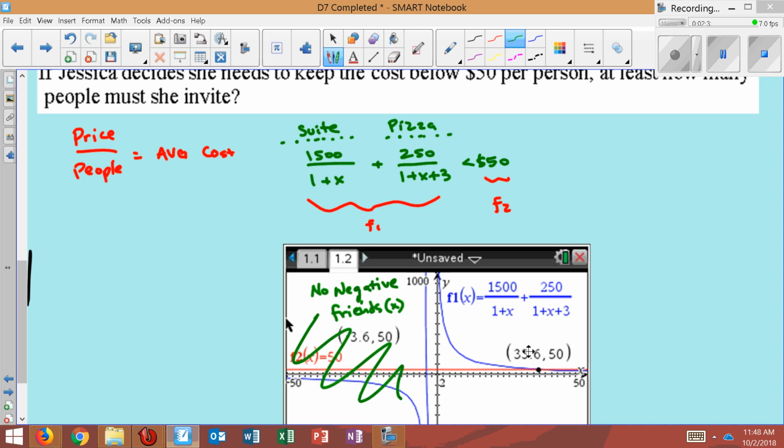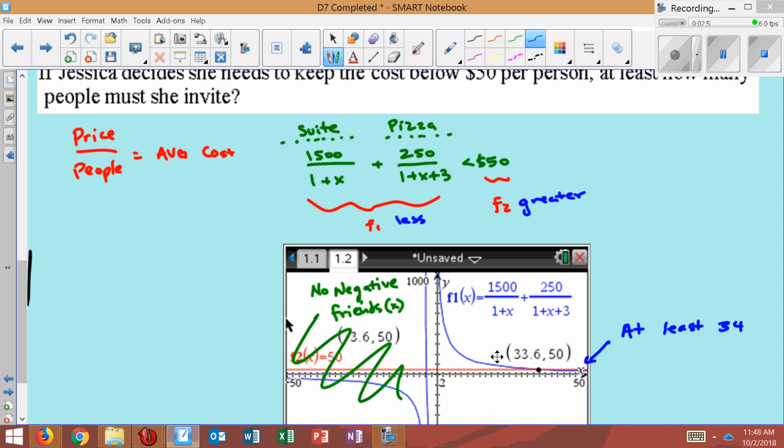We're looking over here, and we want it to be less than. So we want F1 to be less, this to be greater. So up here, F1 is greater than F2, but to the right of this, F1 is less than. So we're interested in this part. So we need at least 34.